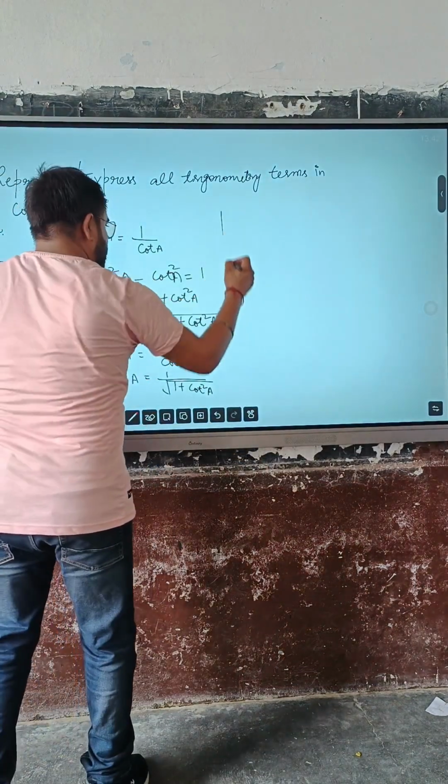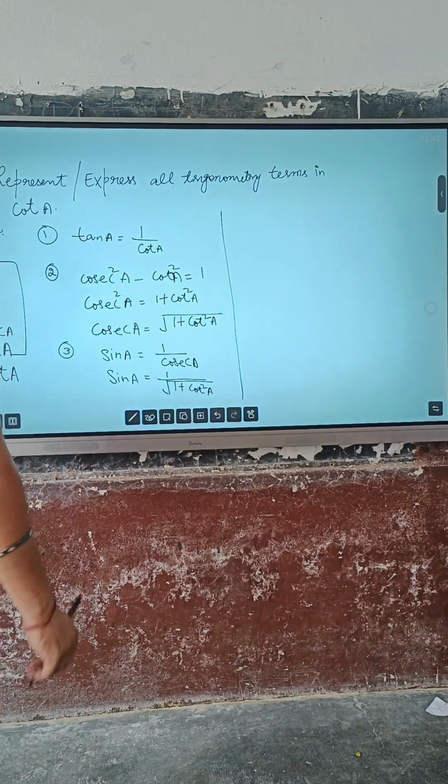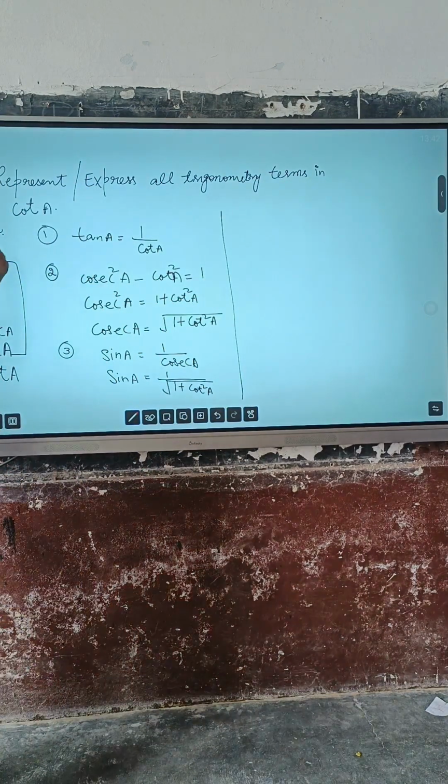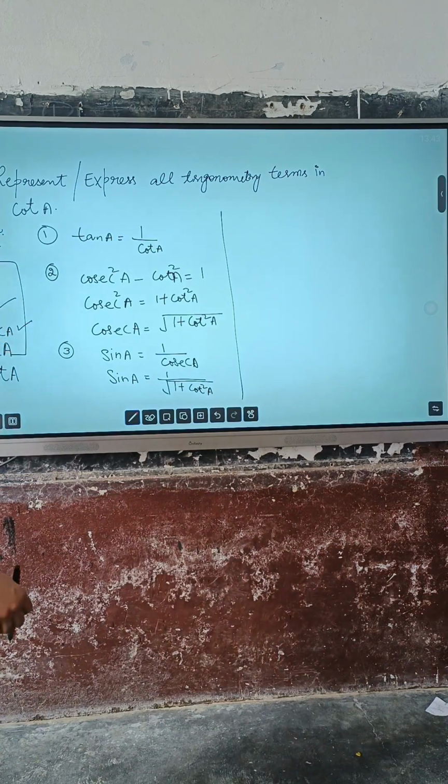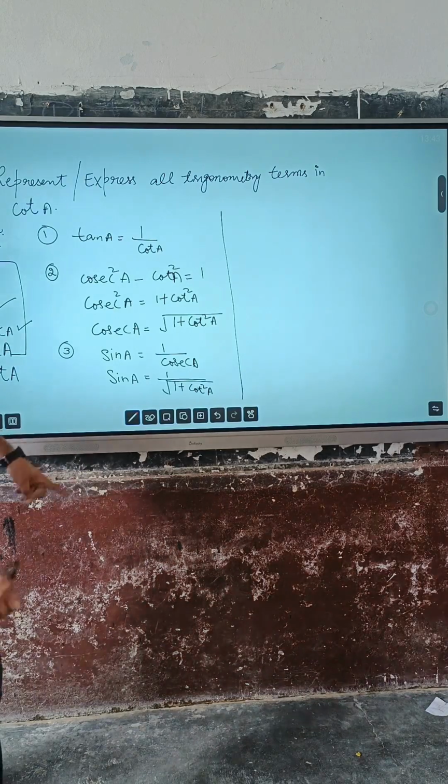Now we have the values of sin, tan and cosecant. The rest of the terms are secant and cos.